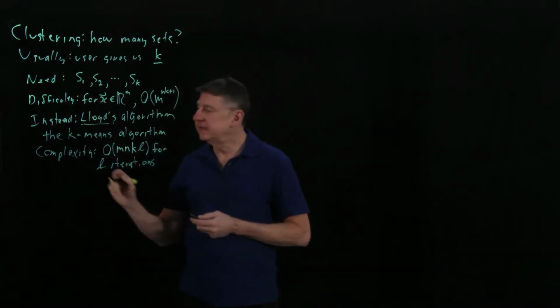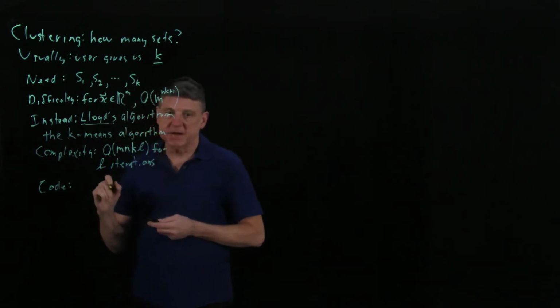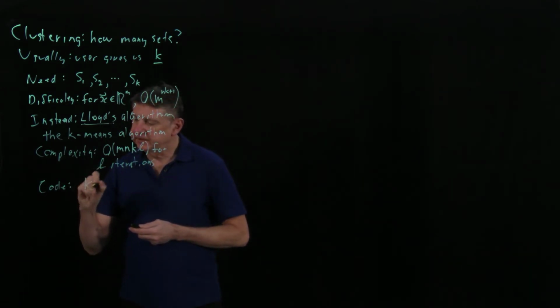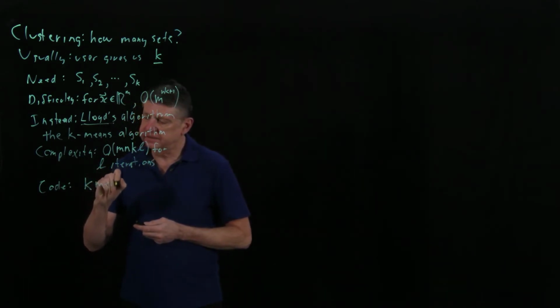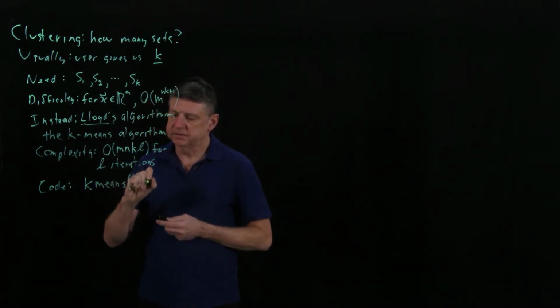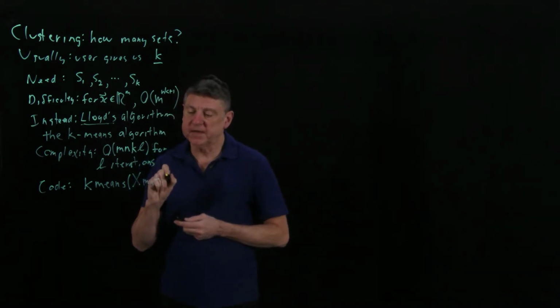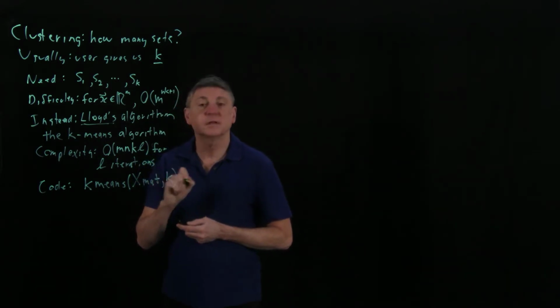And the code for this is in MATLAB. We simply type kmeans of our X matrix, and then we give it the number k for the number of clusters that we want.